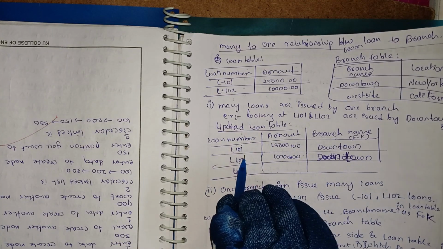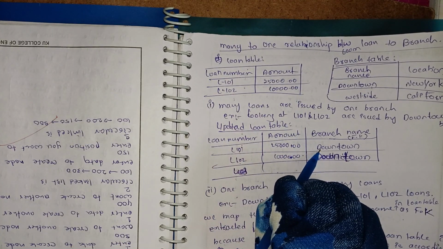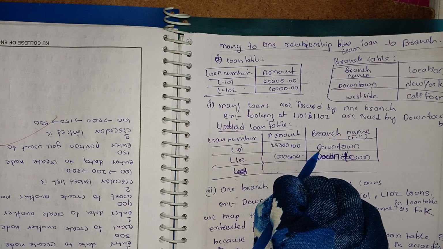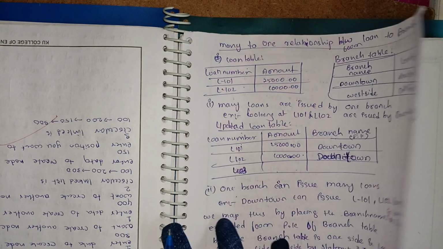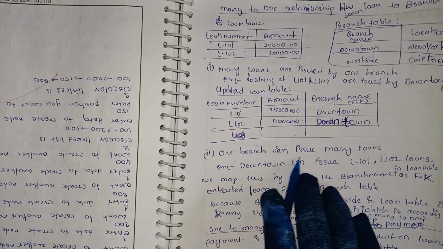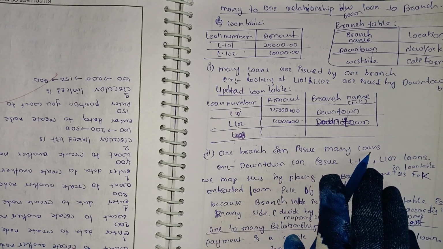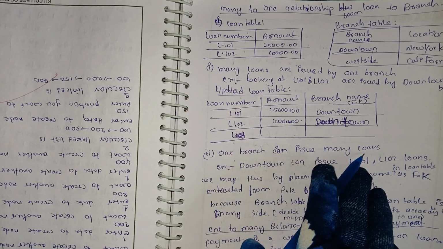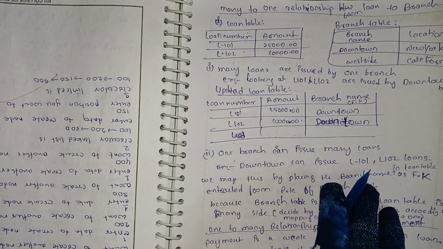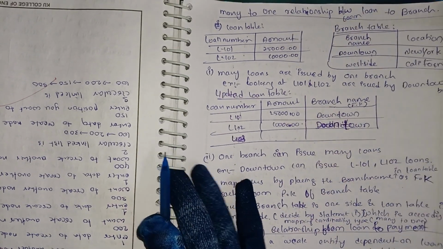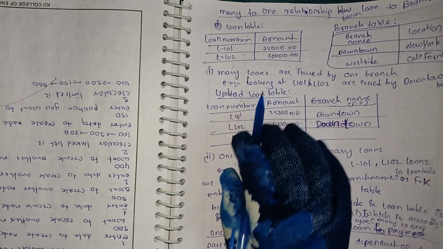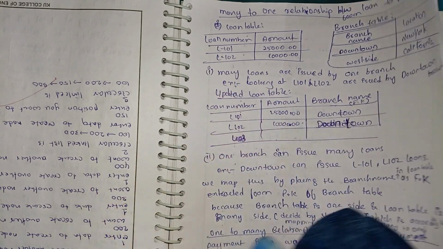Means here the many to one relationship statement is established, and then one branch can issue many loans. It is also possible. Means we are reversing this statement in a particular order.